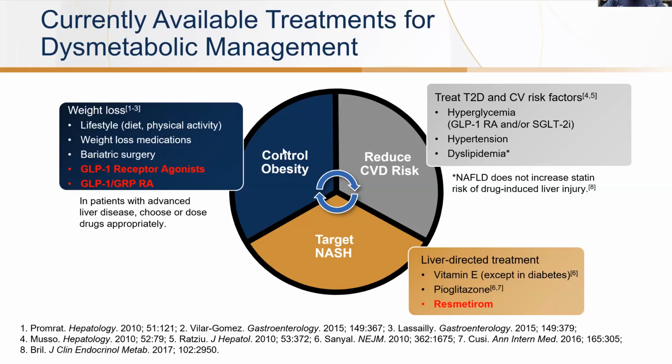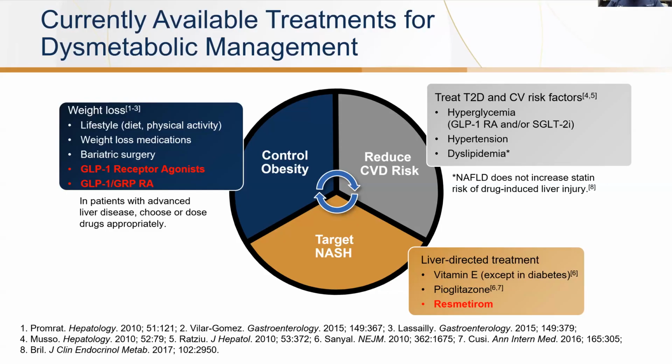So when you look at this picture, you're looking at an overview of what our goals are as far as management and treatment for dysmetabolic management. We want to control obesity. We want to reduce cardiovascular disease risk. If someone has hyperlipidemia, then implementing strategies to get those lipid panels under control would be very important and helpful.